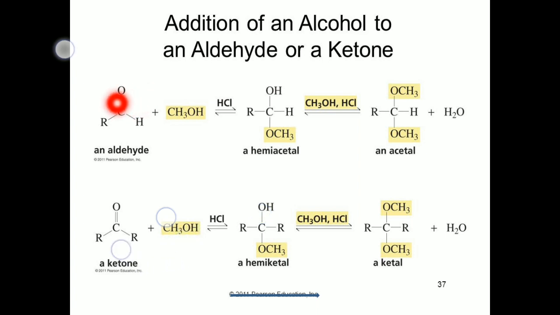CH3O group adds on carbonyl carbon to produce a compound known as hemiketal. This hemiketal further on reaction with methyl alcohol and HCl produces a compound, as we saw in the last reaction, which is known as ketal. So in this way, alcohols react with an aldehyde and a ketone to produce acetal and ketal.